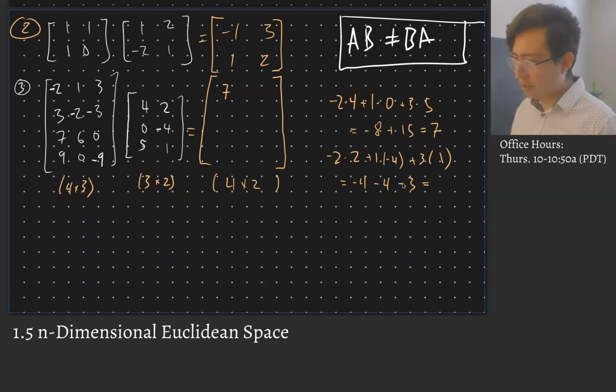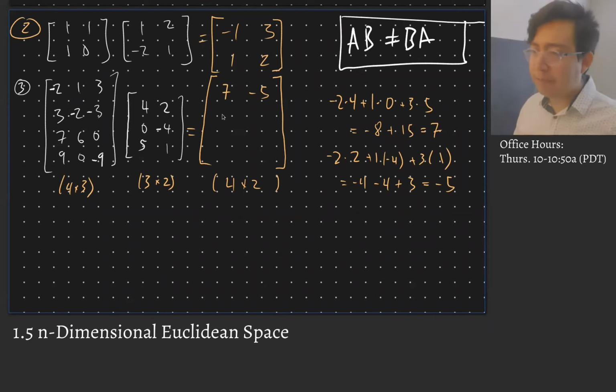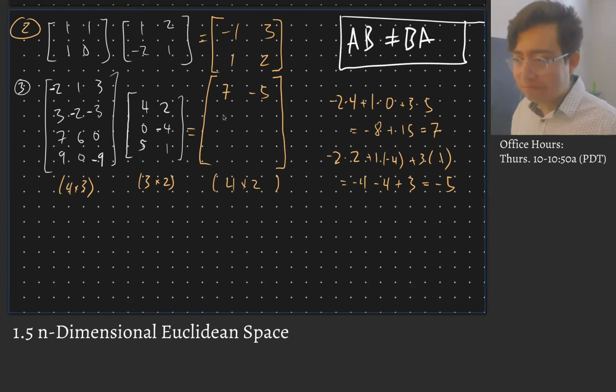It shouldn't be minus, it should be plus, it's just this +1. So that leaves us with an answer of -5. So in this entry, we get a -5. Okay. And now we can just keep doing this. Once you get good at this, it's just a matter of doing the computation and practicing it. But for now, we'll still take it slow.